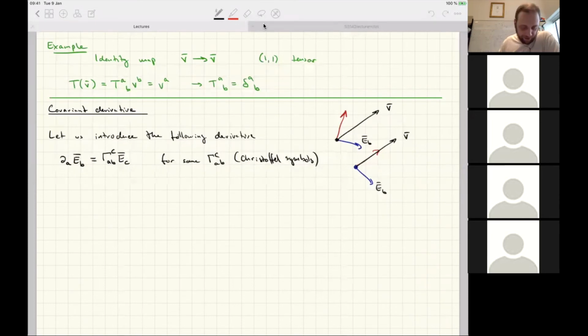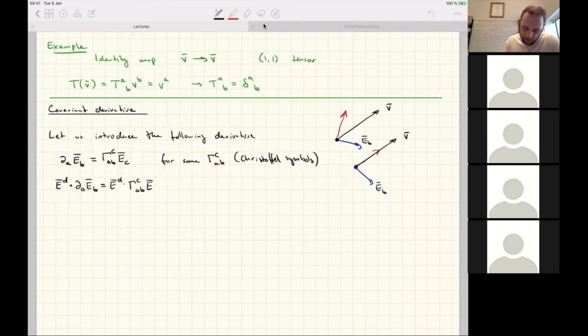Yeah, exactly. So if I want to have the components of this vector, the contravariant components, I should multiply by the dual basis vector, which we saw earlier. So I'm going to take ED, and I'm going to take this DA EB like this, which if I do the same on the right-hand side, is ED gamma C AB EC.